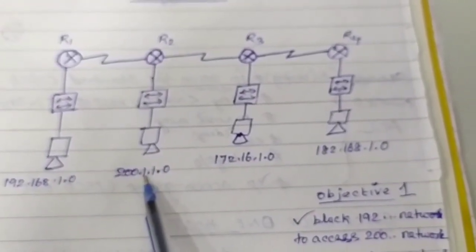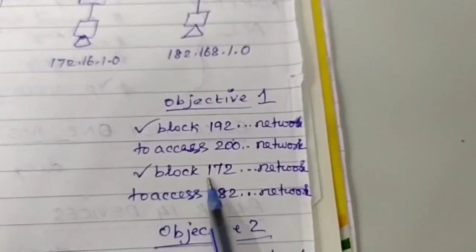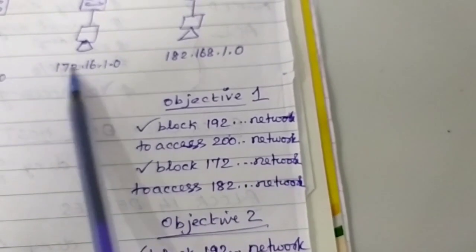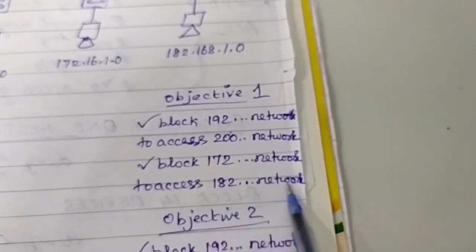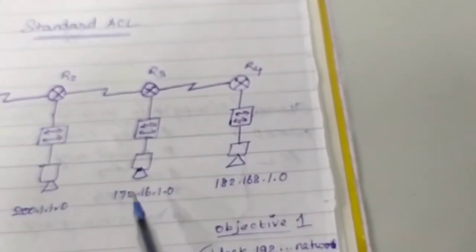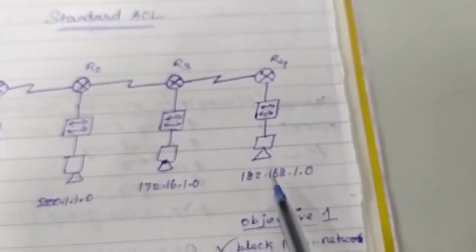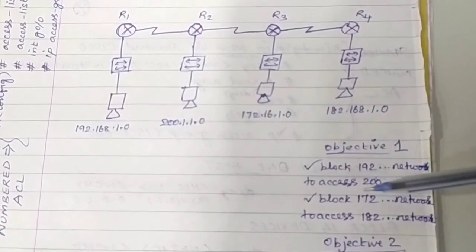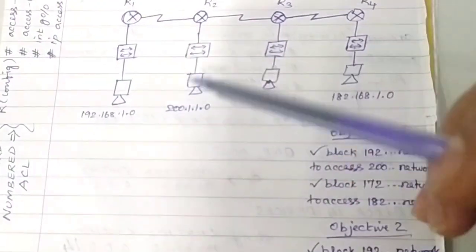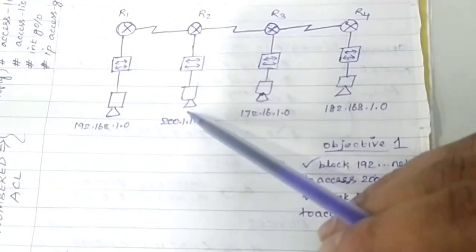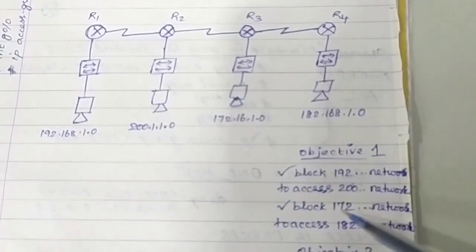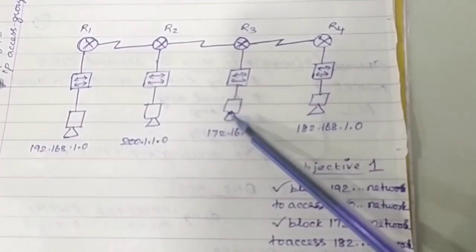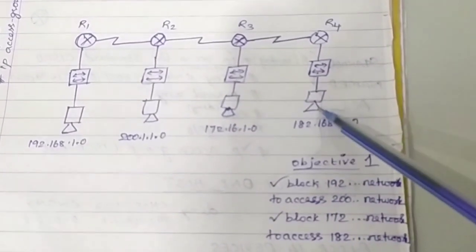And next one: block the 172 network from accessing the 182 network. That means I have to block this network from accessing this network.